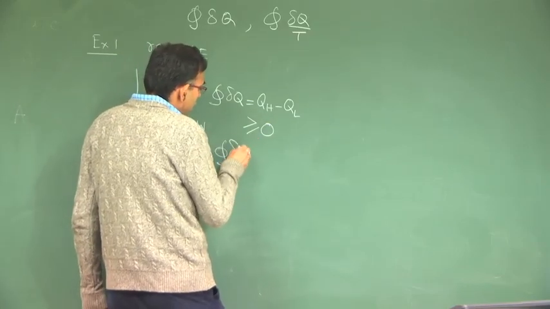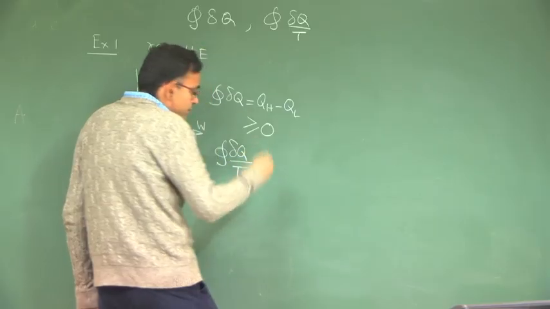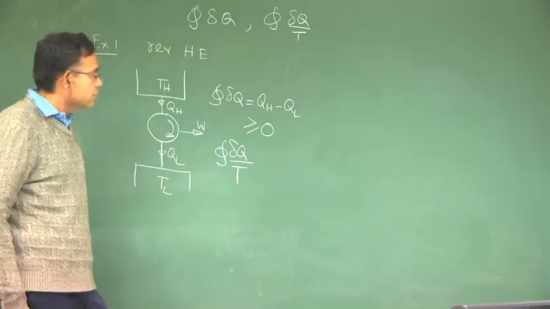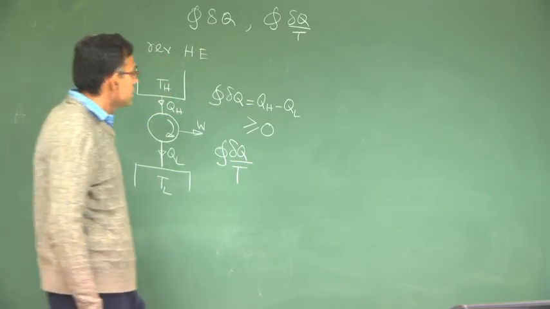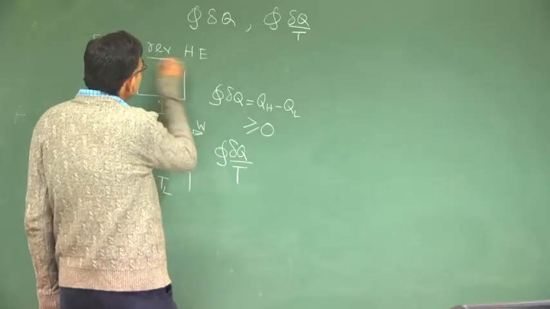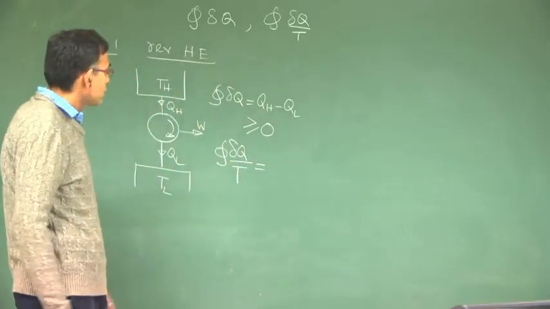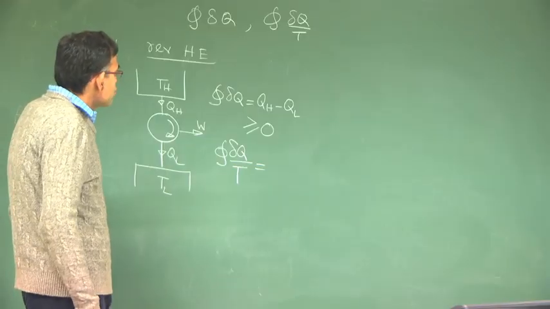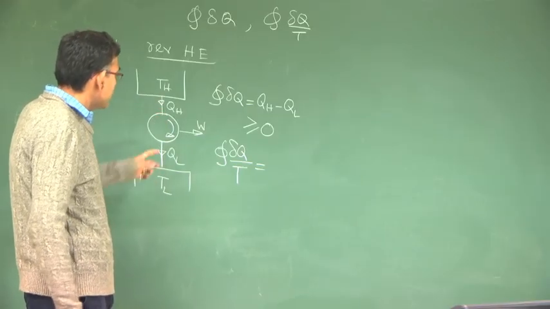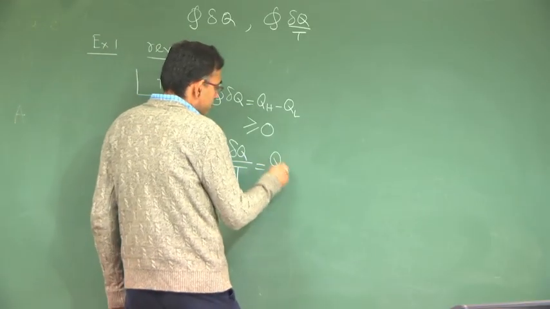Then cyclic integral of del q by T. We are doing this for the reversible heat engine. There are two heat transfers, one is QH.